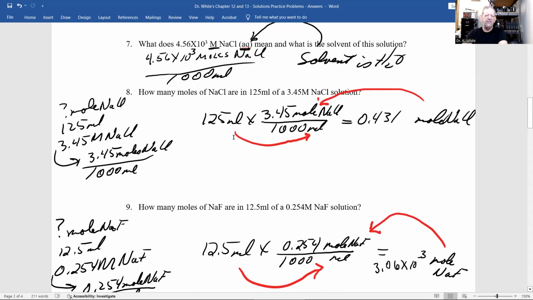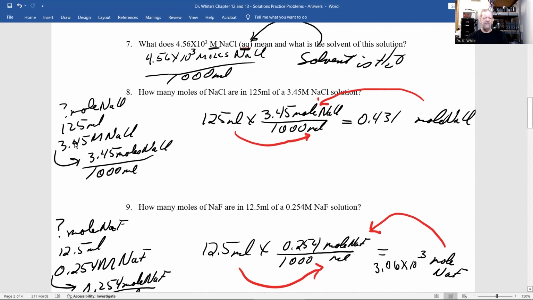All right, let's do number 8, because this will show you how to use molarity. How many moles of sodium chloride are in 125 milliliters of a 3.45 capital M NaCl solution, sodium chloride? Table salt. Now, what are we trying to find? Moles of sodium chloride. What are we given?